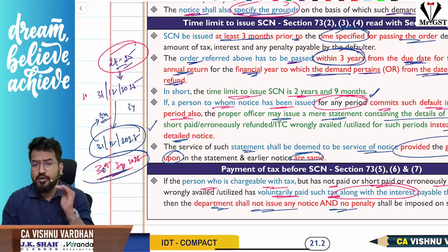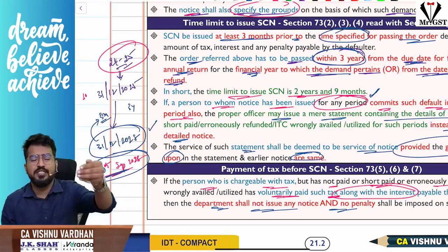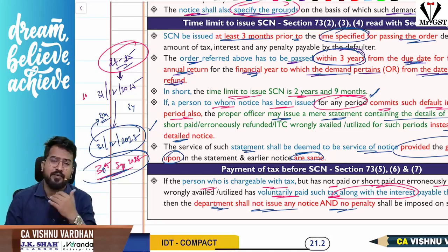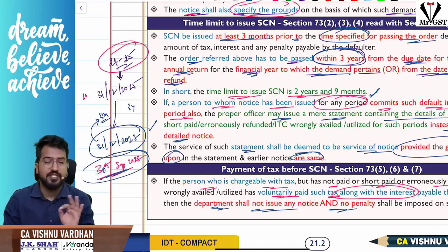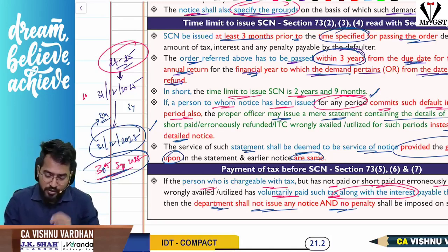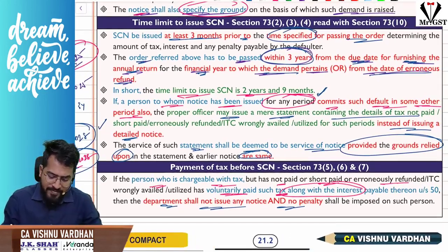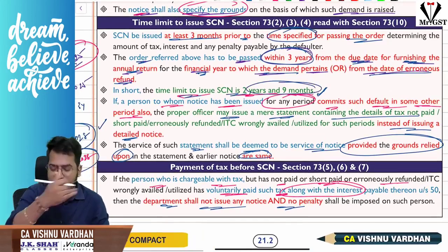At least 3 months prior, because you also need time for processing, giving the show cause notice, and hearing the taxpayer. Simple. So we can say in short, the time limit for issuing the show cause notice is 2 years 9 months from that particular period.